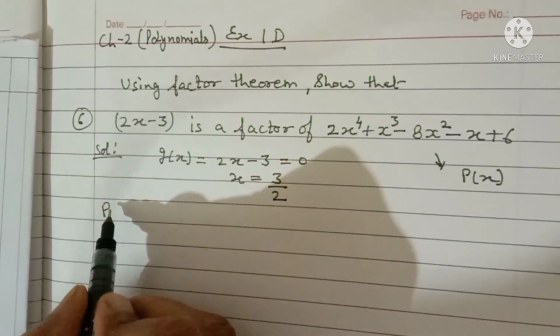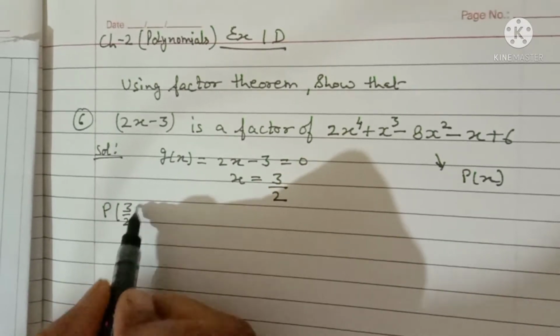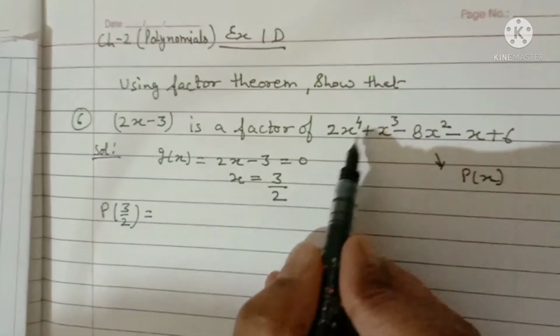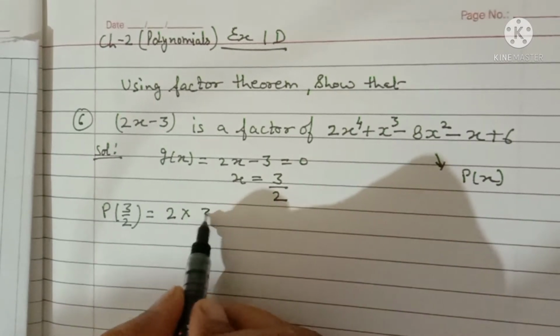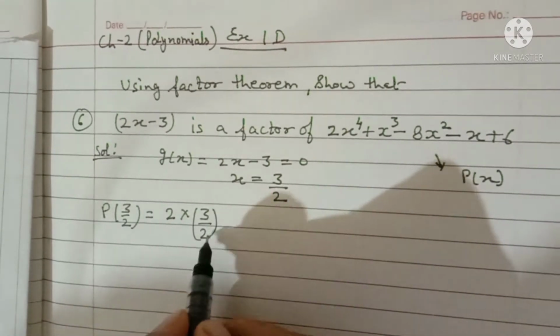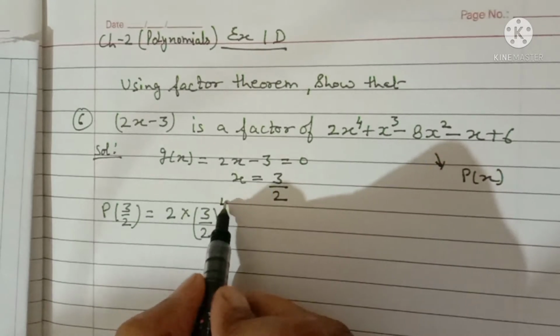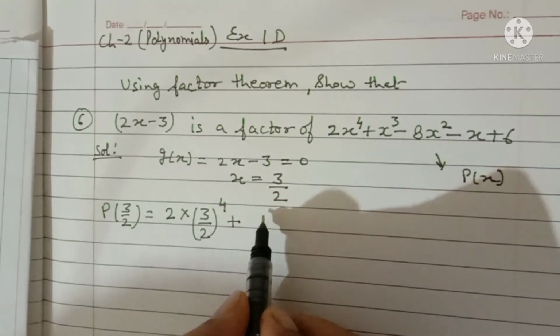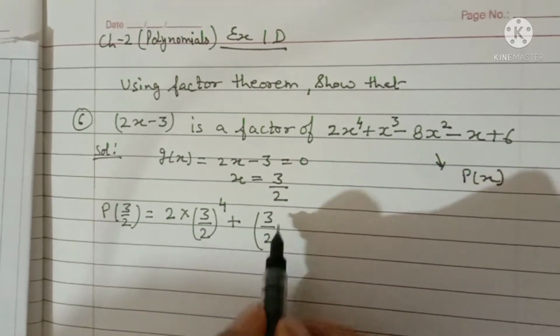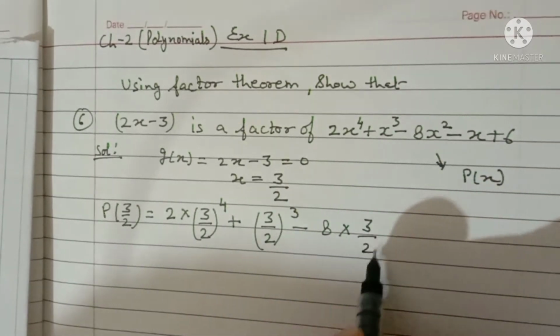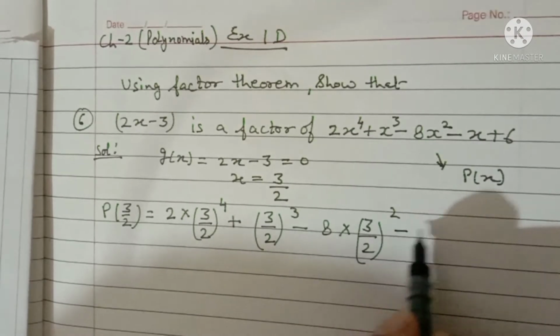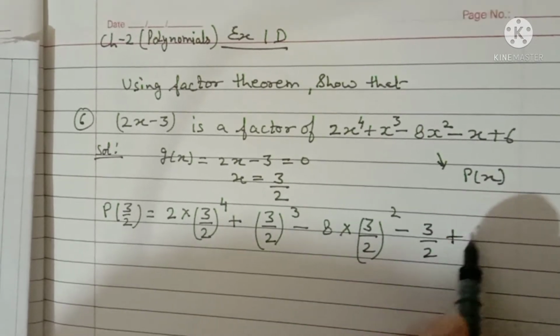So p(3/2) is equal to, now substitute the value: 2 into (3/2) to the power of 4 plus (3/2) cube minus 8 into (3/2) square minus 3/2 plus 6.